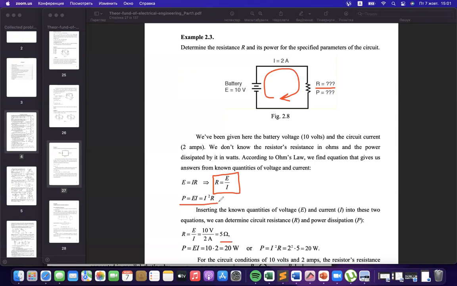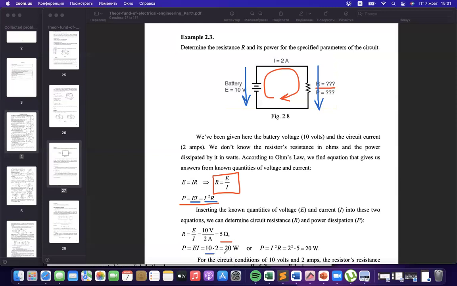And power could be found either at the point of consumer or at the point of source. At the point of source, it equals electromotive force times current. At the point of consumer, it equals I squared times resistivity, Joule heating.